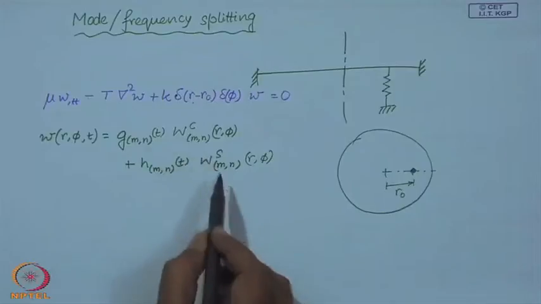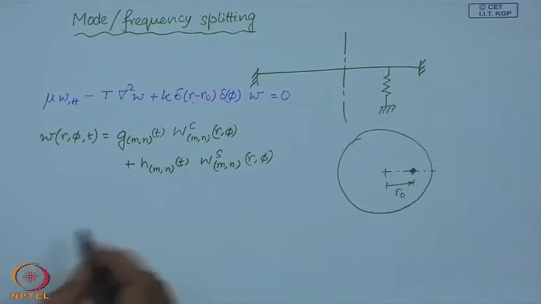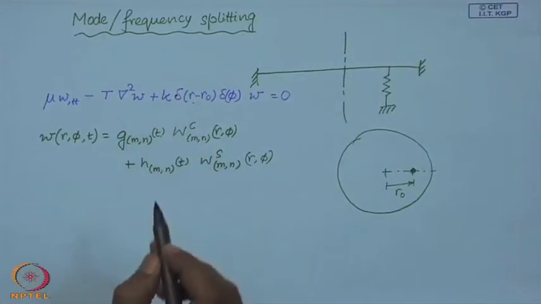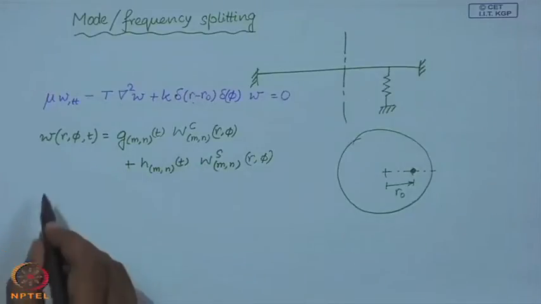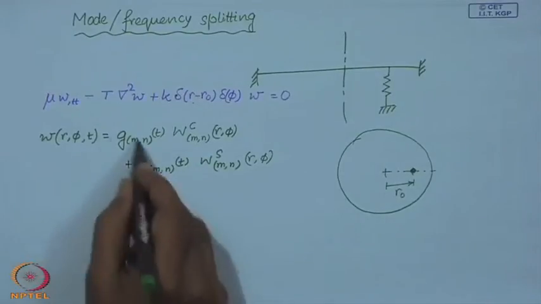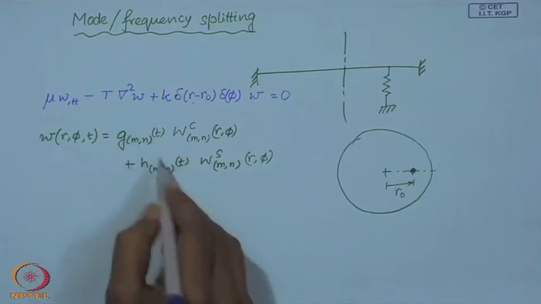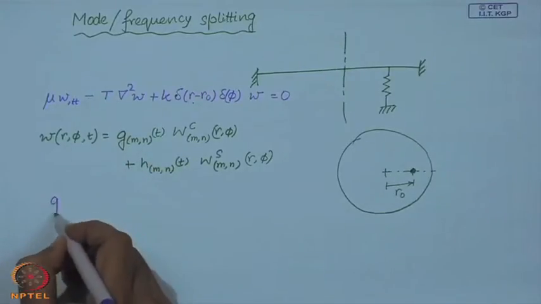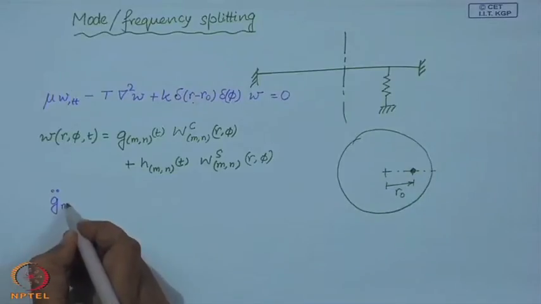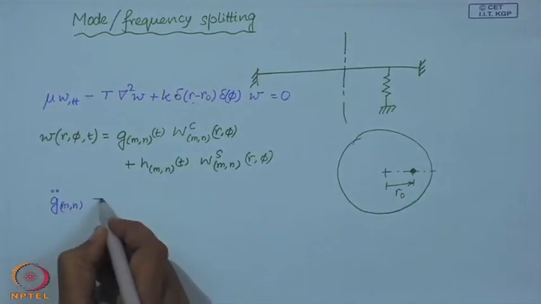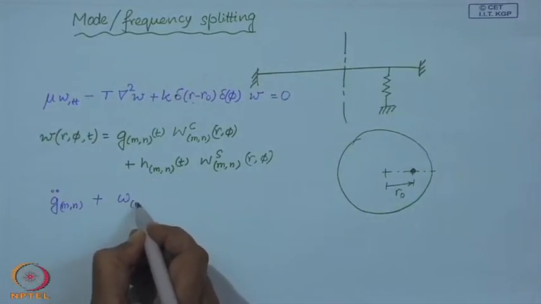So, there are two degenerate modes. I have taken these two, and if you substitute here and take the inner product and discretize the equation, so that you get the dynamics of these modal coordinates, then it looks like this.